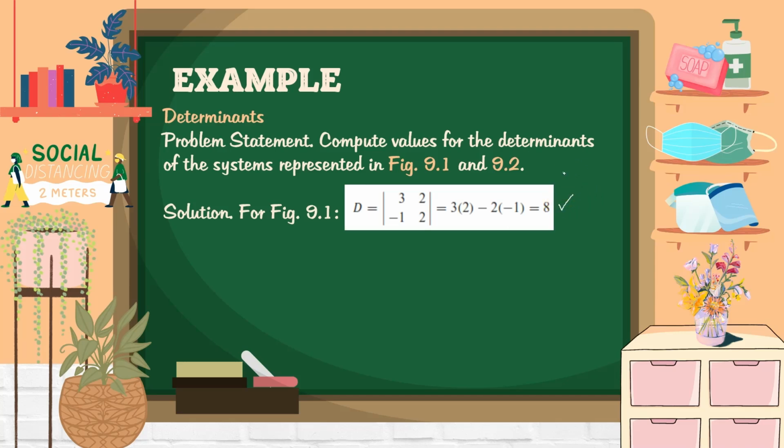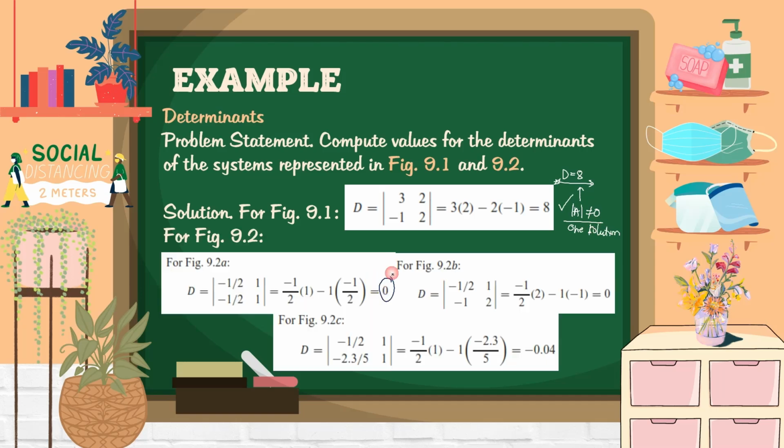So we have here the determinant equals 8, which means class that finding the determinant of the coefficient matrix determines the uniqueness of the solution. So we were able to know that the determinant of A is not equal to 0, which means that this has one solution.